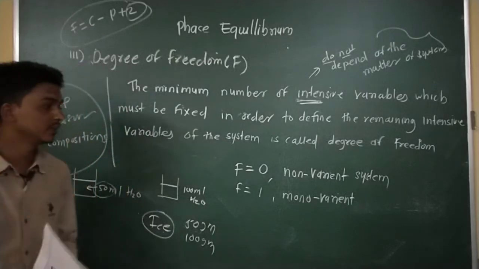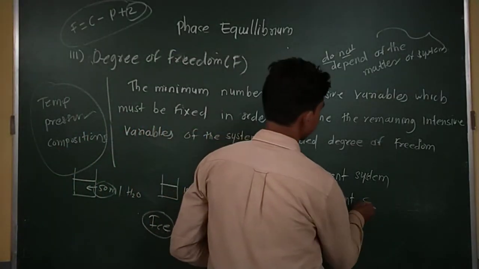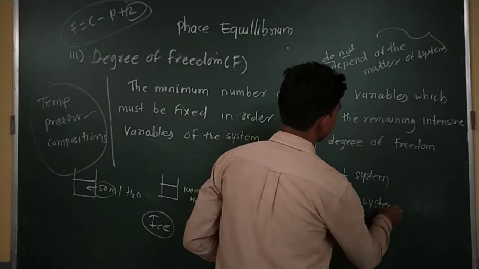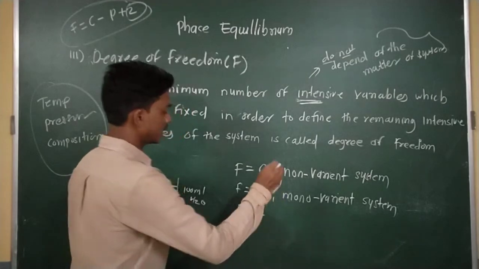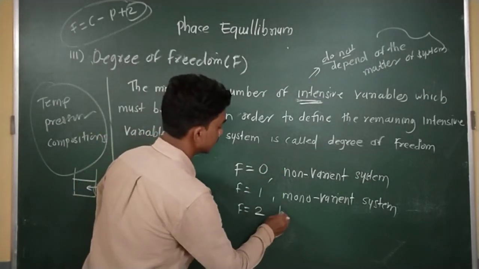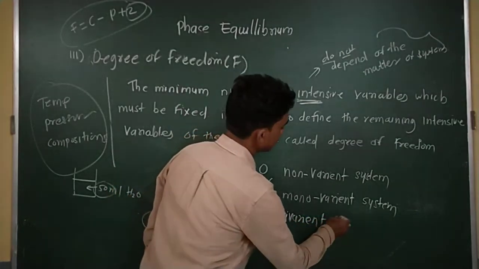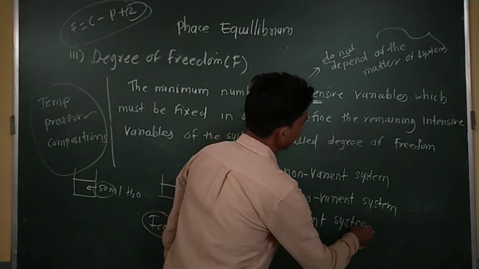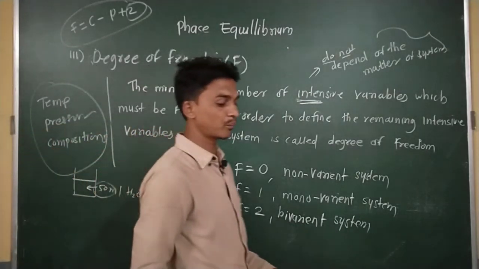Examples we will see in the next video or next lecture. That system with F equal to 1 is a monovariant system. If F is equal to 2, we can say this is a bivariant system. Like that. So all these things are related to the phase rule.